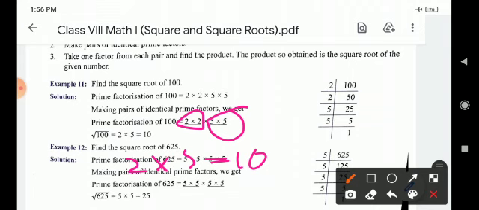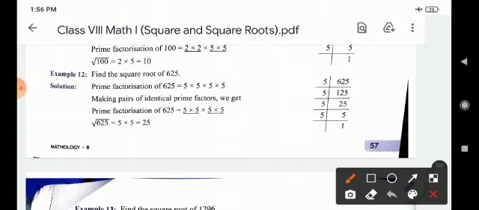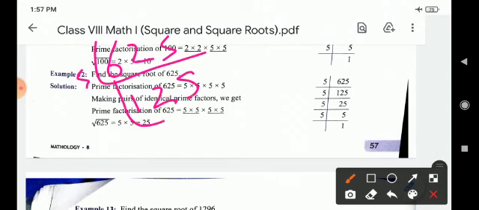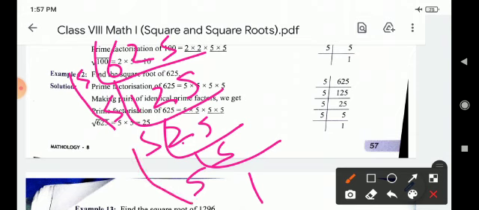Same process for 625. Next example, 625. Prime factorization of 625: 5 125s are 625, 5 25s are 125, 5 5s are 25, 5 1s are 5. So 5 into 5, 5 into 5.